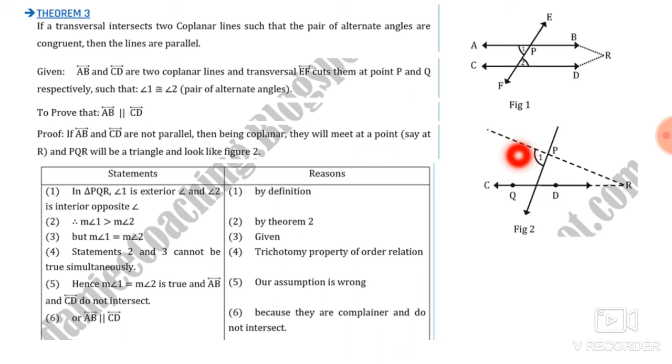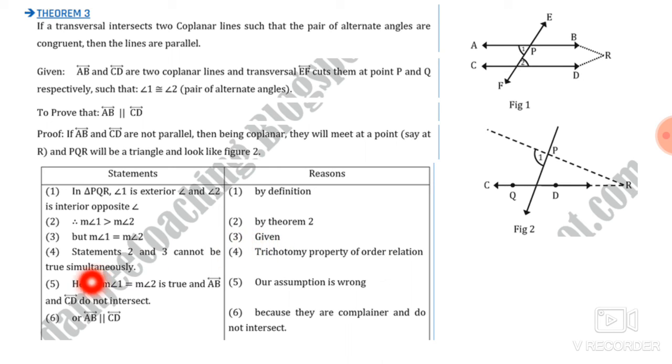We have proved this in theorem number 2. But angle number 1 is equal to angle number 2, because in the question it is given that angle number 1 and angle number 2 are equal. So our third statement is angle number 1 equals angle number 2, the reason being that it is given.